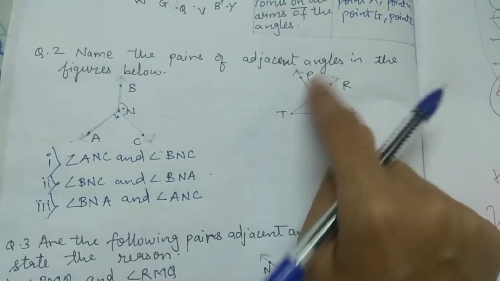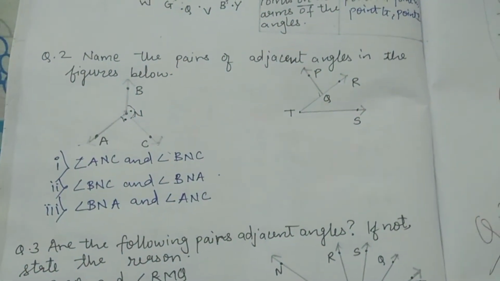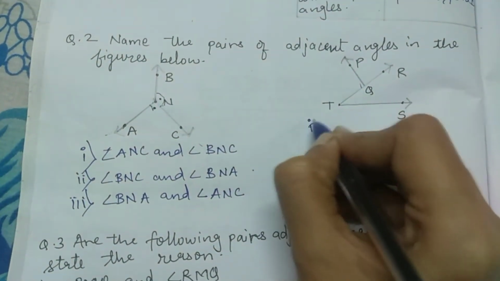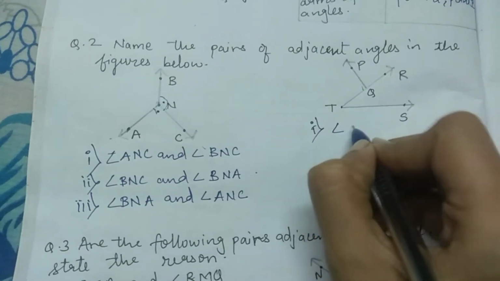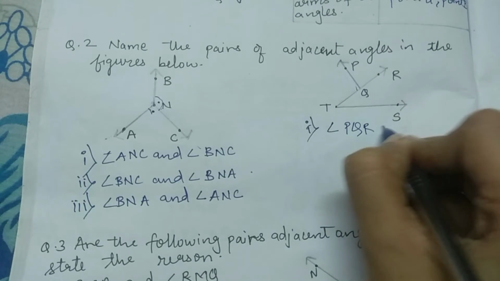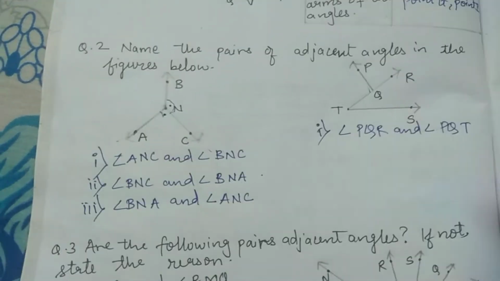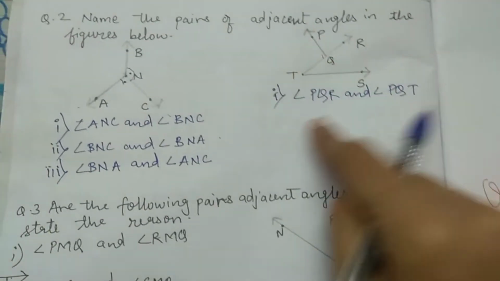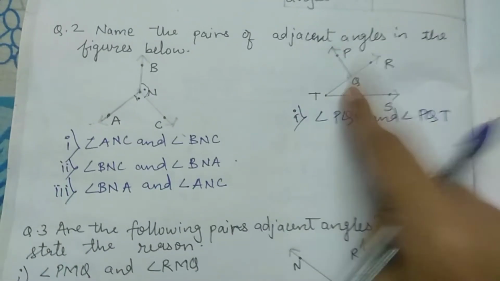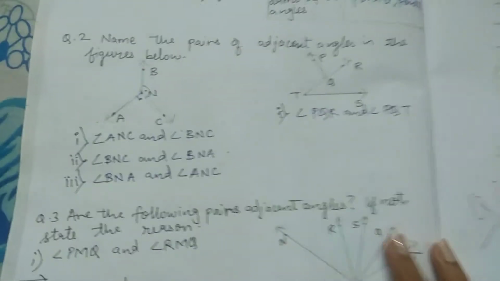So these two are adjacent. This pair, angle PQR and angle PQT. There are no other pairs of adjacent angles in this one, only one pair.